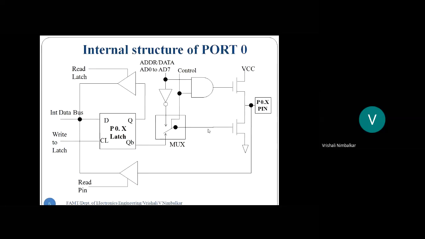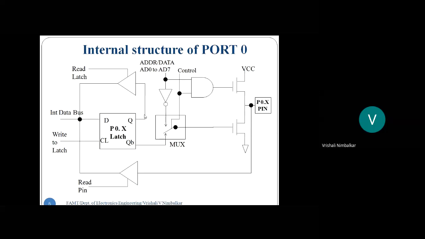So similar such 8 circuits are present, one circuit for one pin. And that pin is on the 40 pin chip. Whenever we buy that microcontroller, this is that pin on the right hand side. Students, this entire circuitry is present inside the microcontroller.